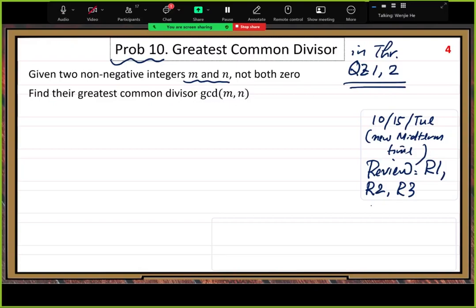Then quiz 3 and homework: Q12, Q3, and a review of homework question number 1. That's our preparation plan for the midterm.